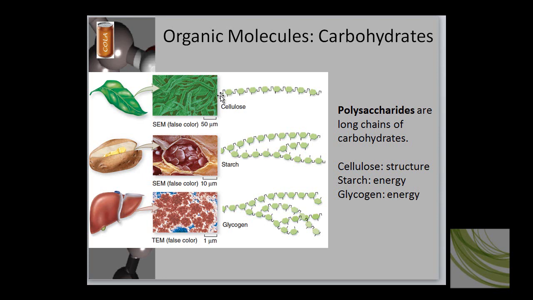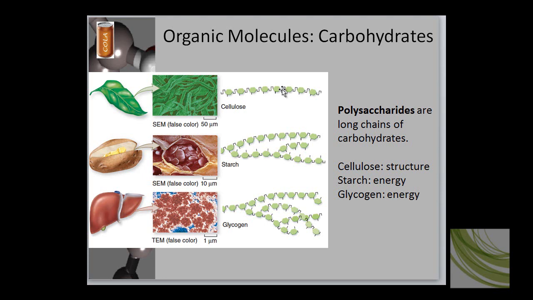Cellulose. These are all glucoses, but we can't digest them because this bond, we don't have any way of breaking that bond. To break that bond, you have to have bacteria that pre-digest it for you in some kind of a cavity. So cows and deer that eat grass have a rumen, R-U-M-E-N.